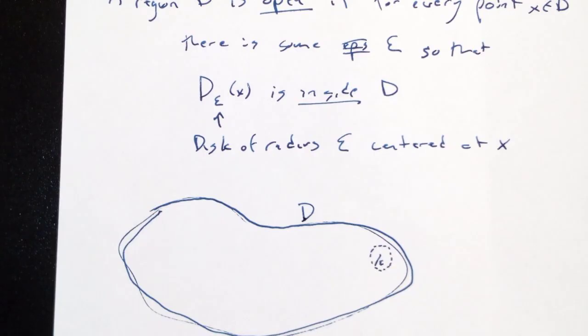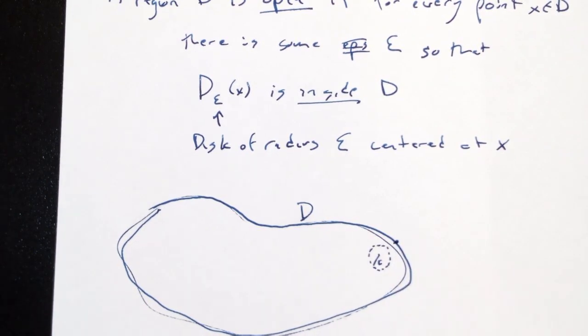That's what it means to be open. You can put little balls around any given point. Notice if you were on the boundary, half of your ball would be on the outside, wouldn't it? No matter how small you made the ball, part of it would still be outside. So the way you say I'm on the inside is there's a little bitty ring around me that never goes outside the region.